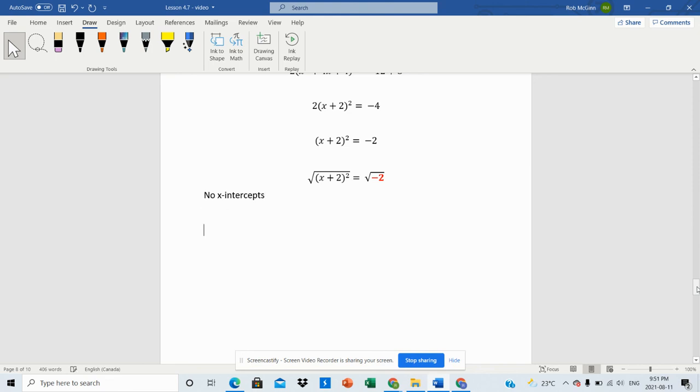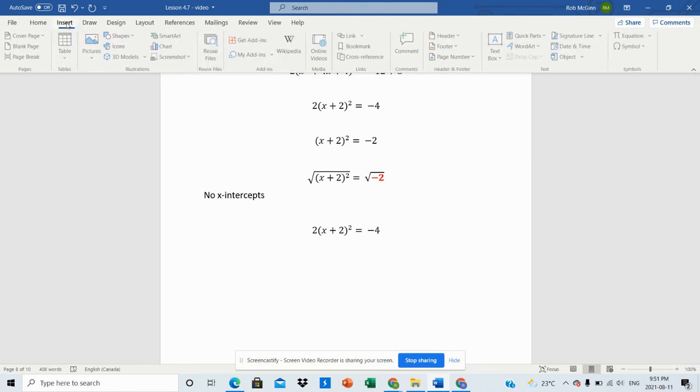Now, right before I let you go, I just want to show you something pretty cool here. So I'm going to just go back to this step here. If I didn't solve for it, we might notice that this is looking kind of familiar. What I'm going to do is bring this minus 4 back over onto the left side of the equation.